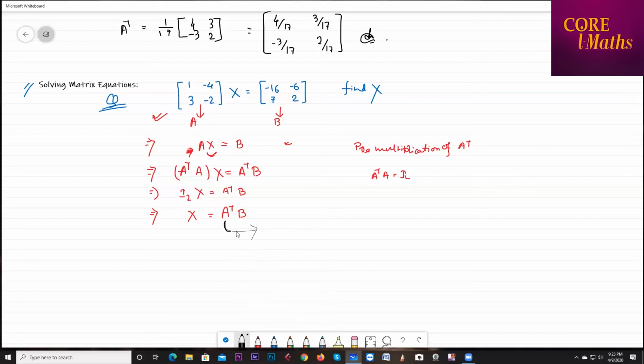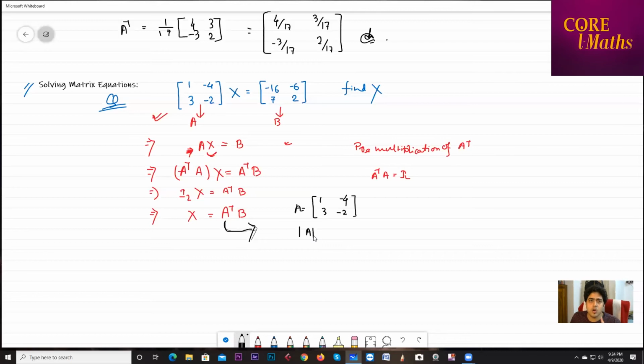Here A inverse is our requirement. So first write A: 1, minus 4, 3, minus 2. Clear? Now find A inverse. To find any inverse, you know that it should be a non-singular matrix. So how will you check?